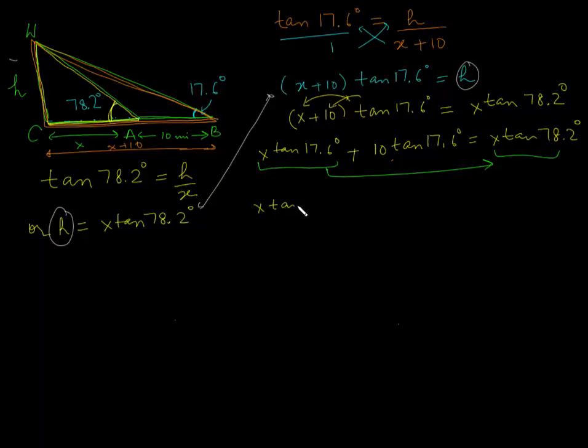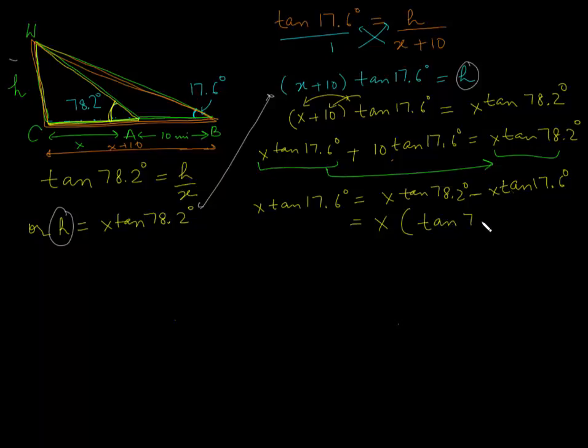So we get 10 tan 17.6 equals x tan 78.2 minus x tan 17.6. Now we know that we will have to factor out x from here.